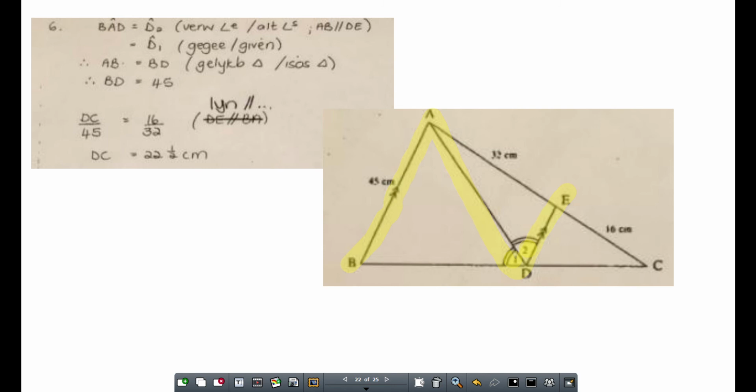Do you guys see the alternate angles? Meaning, ek gaan nou kyk na wat die redes daar is wat ons al geskryf het. This angle will be the same as D2. But D1 and D2 is the same thing. So can you see that this little triangle here will be an isosceles triangle?